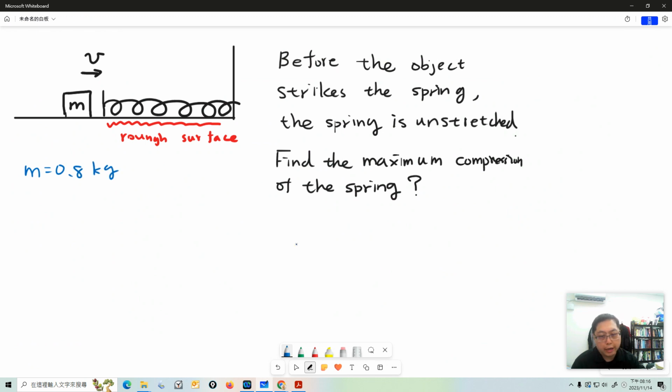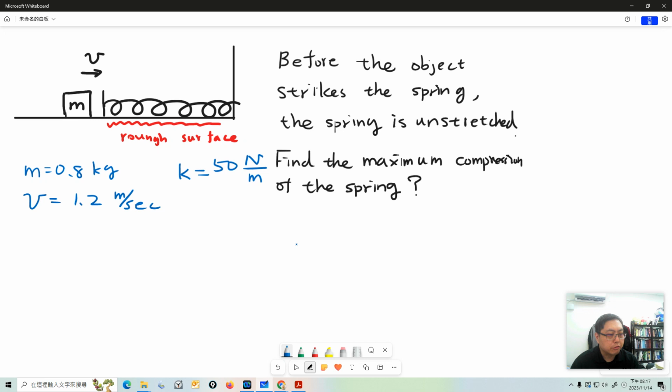And the velocity, I think it should be more specific. The speed is the speed of the object right before it strikes the spring, at that striking moment. The velocity is 1.2 meter per second, and the force constant of the spring K is equal to 50 Newton per meter.